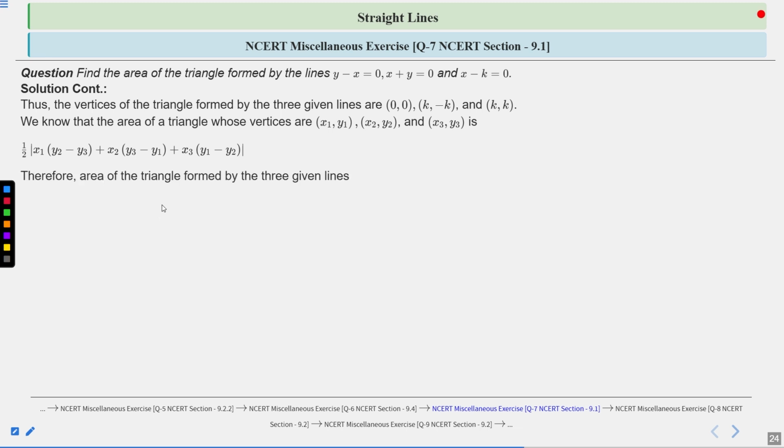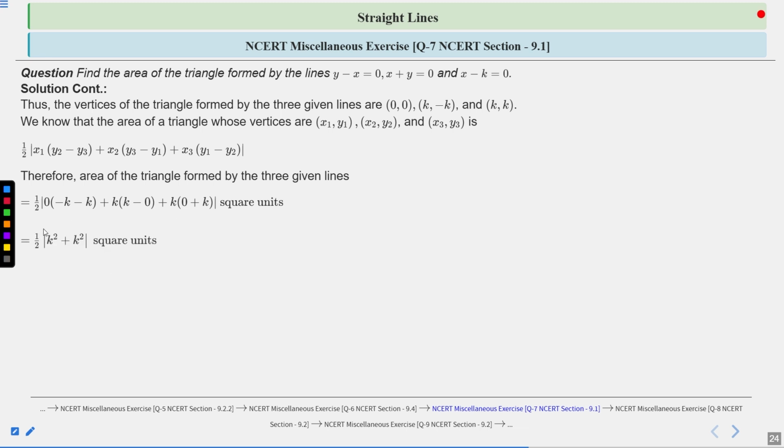Therefore, the area of the triangle formed by the three given lines is basically 1 by 2 modulus of 0 times minus k plus k times k minus 0 plus k times 0 plus k. Okay, basically we substitute here the values of x1, y1, x2, y2, and x3, y3, and by substituting we obtain the area of the triangle formed by the three given lines.